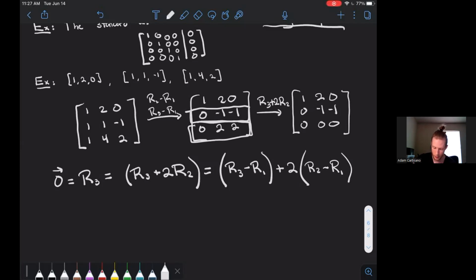In other words, we started at the very beginning with row 1, row 2, row 3. We did these two row operations, row 2 minus row 1 and row 3 minus row 1, to produce two new rows, which we then added one to the other to get a row of all zeros.